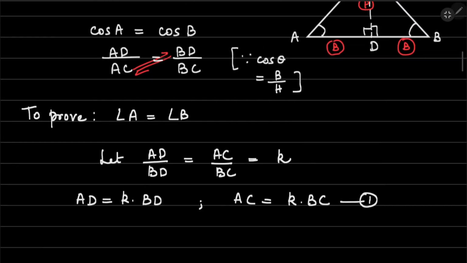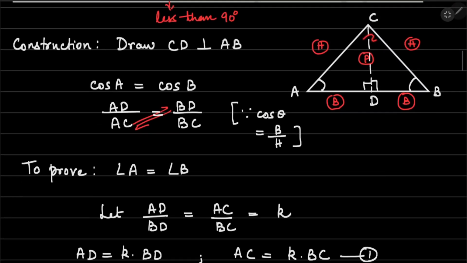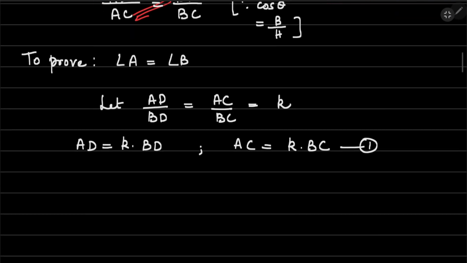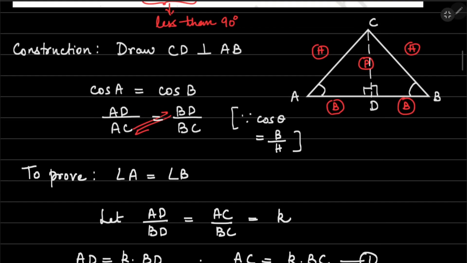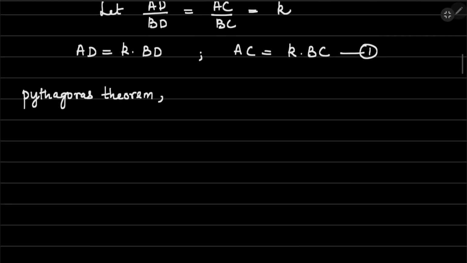Okay. Now you have to apply Pythagoras theorem to both of these right angle triangles. We know hypotenuse square is equal to P square plus B square. So let us apply Pythagoras theorem to both the right angle triangles, CDA and CDB.